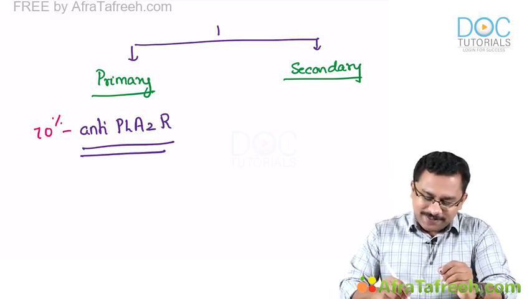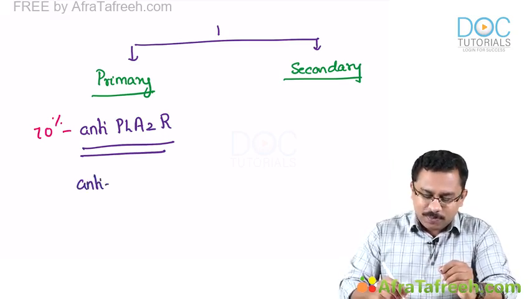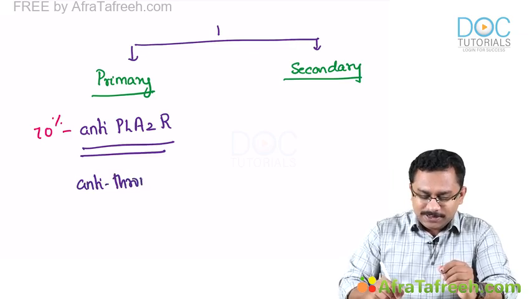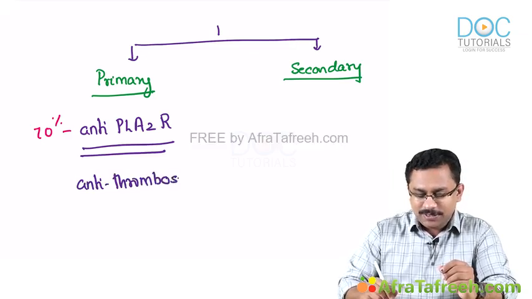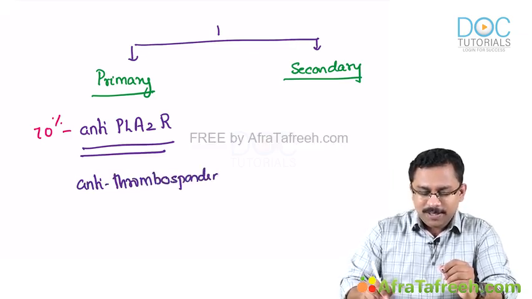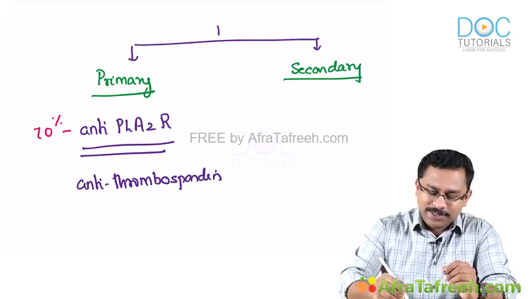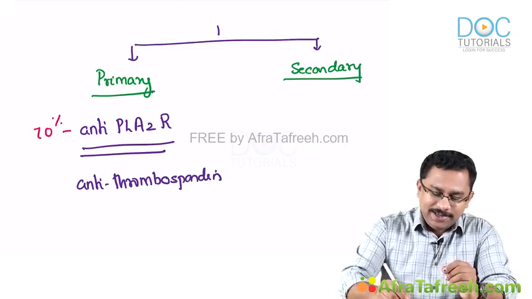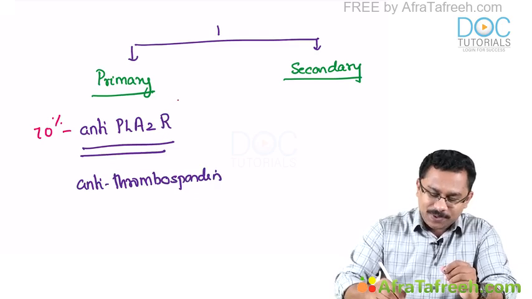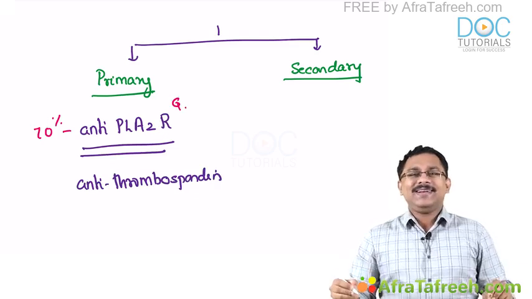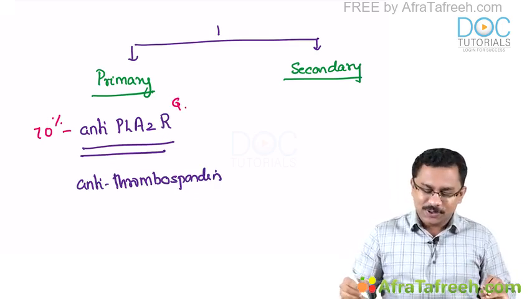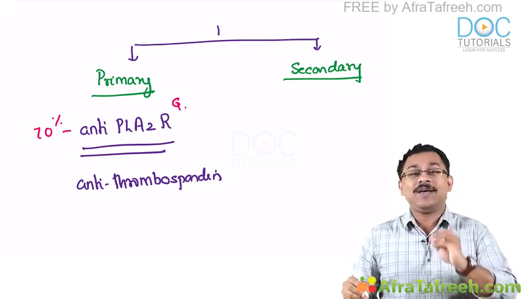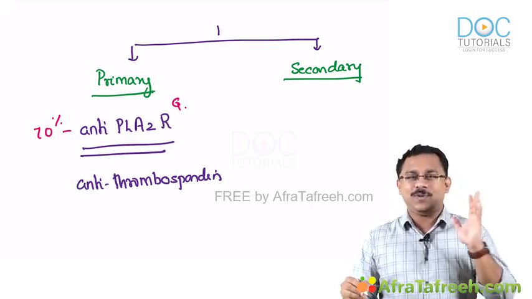You may also have antibodies to thrombospondin as well. Some cases are because of antibodies to thrombospondin. But for your exam, this one is very important, anti-PLA2 receptor. Okay, and this can be asked as a question also. Very important causes of primary membranous nephropathy.